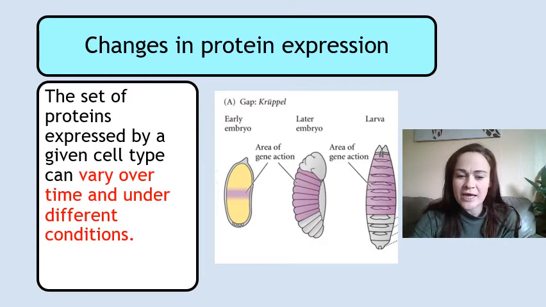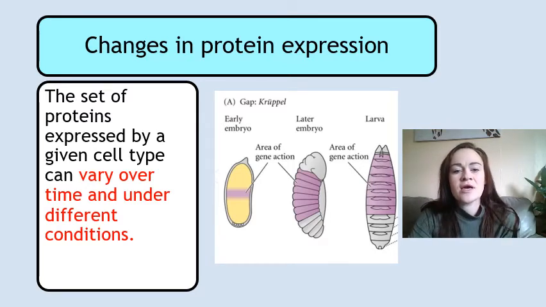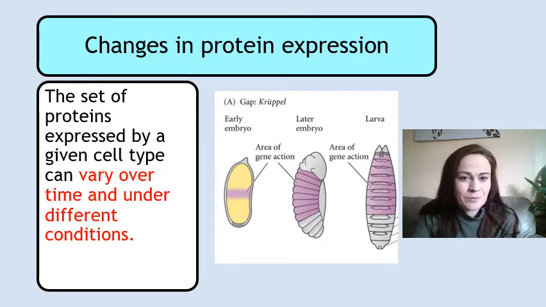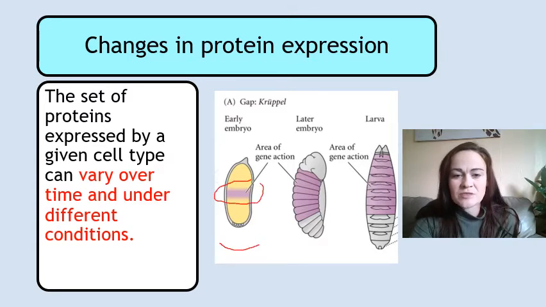Now have a look at this diagram here. We're looking at the early embryo of an insect going through to the later embryo and then the larval stage. We're looking at the expression of the gap-krupel gene. In the early embryo, you can see here that there's only a small region of expression of this particular gene.